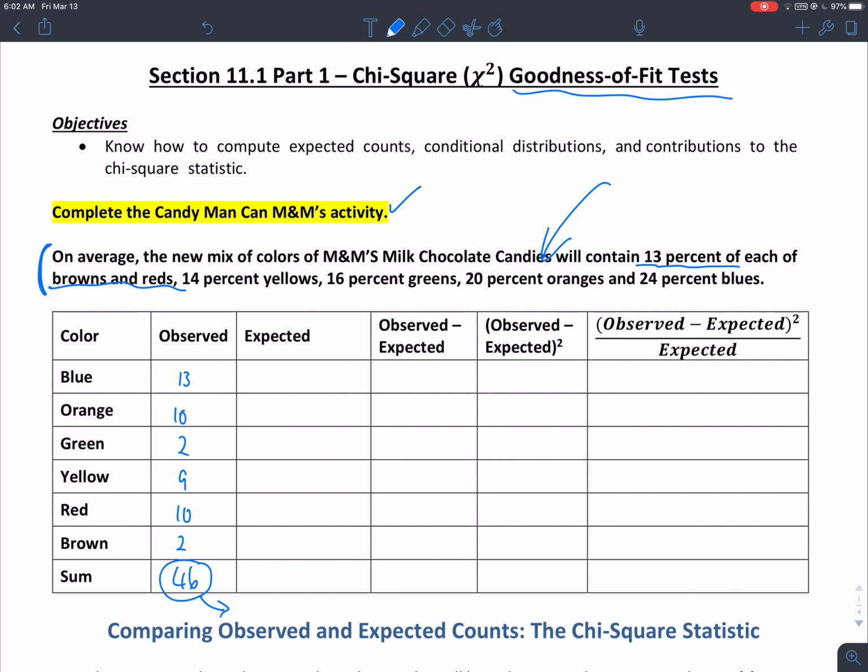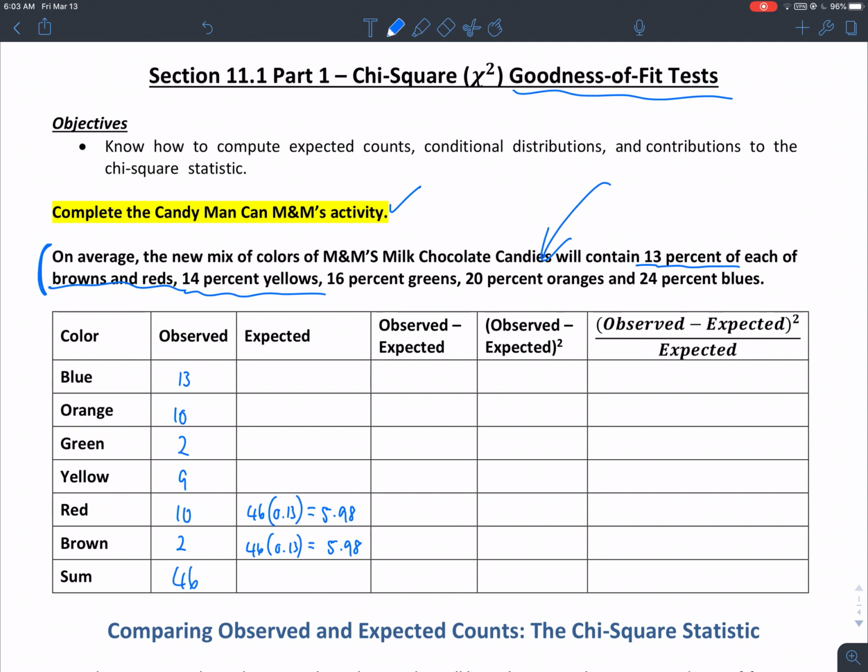We literally just calculate 13% of the sample size: 46 times 0.13. That is what I'm expecting to see if we assume the Mars company claim is true. Brown and red are the same, so 46 times 0.13, and you get 5.98 and 5.98.